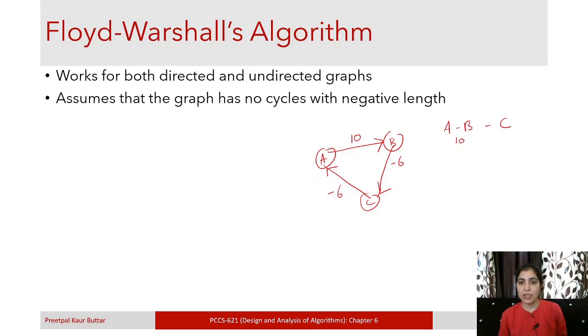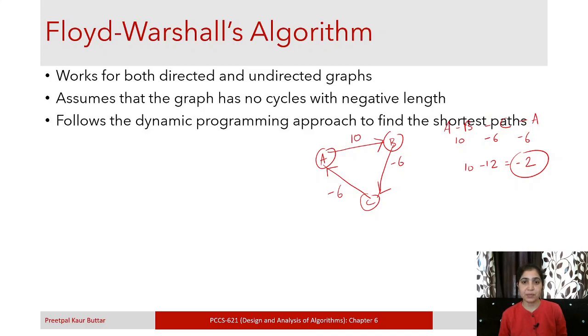Then from B to C, the length is minus 6. From C to A, the length is minus 6. So what is the total length of this cycle? It is 10 minus 12, which is minus 2. So this is a cycle with negative length, and the Floyd-Warshall algorithm does not work for graphs which have such kind of cycles, the cycles which have negative length.